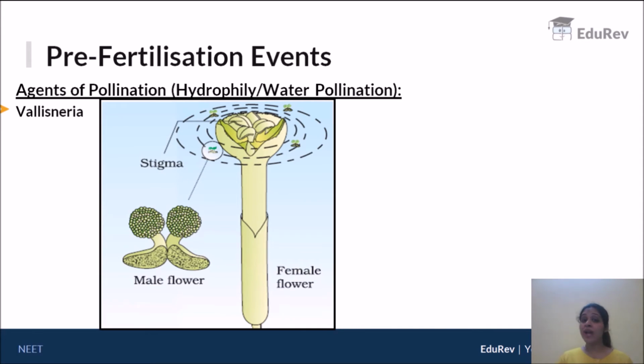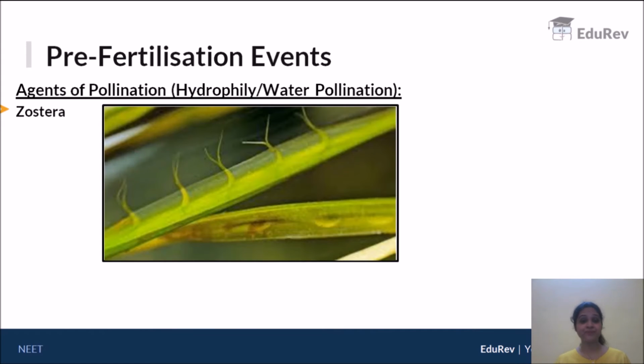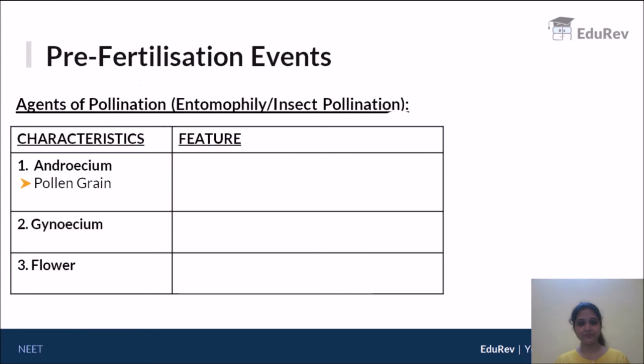So this is what happens in Vallisneria. Now, Zostera is a marine plant. What we need to remember is that in Zostera, you have a ribbon-shaped pollen grain. Here you have a figure that shows you the thin and slender, ribbon-shaped pollen grain that moves in water.